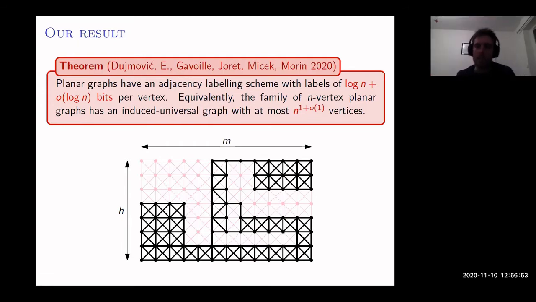Yeah. So what we have really used in the proof is not exactly, I mean, okay, if you have the coordinates, you can really check adjacencies. But the only thing we really need to be able to check adjacencies in this case is to know that two vertices are consecutive on the path, vertical path or horizontal path. We only need to query for consecutiveness in a sense.